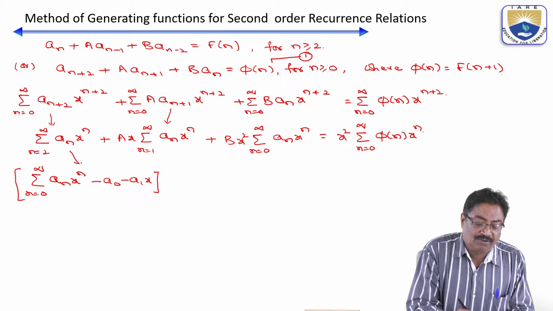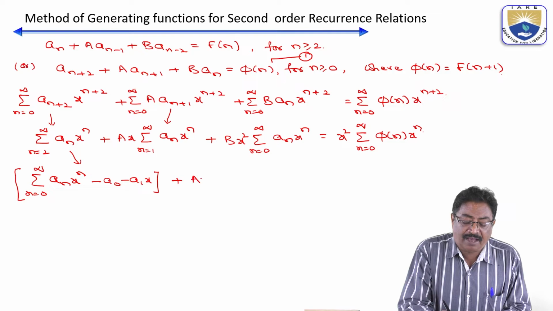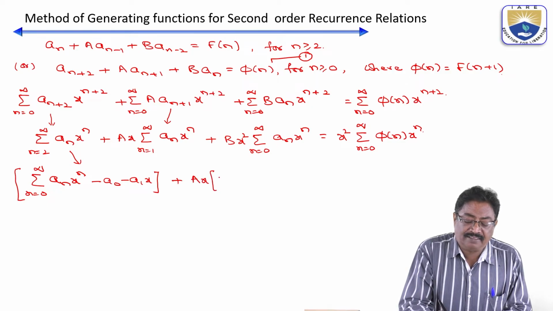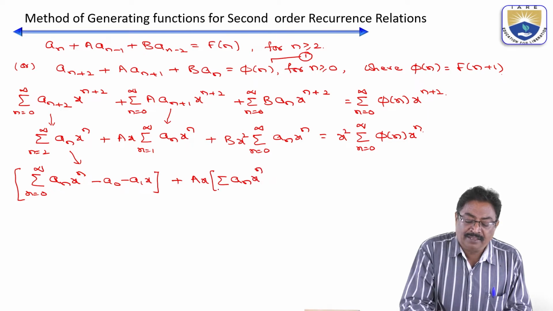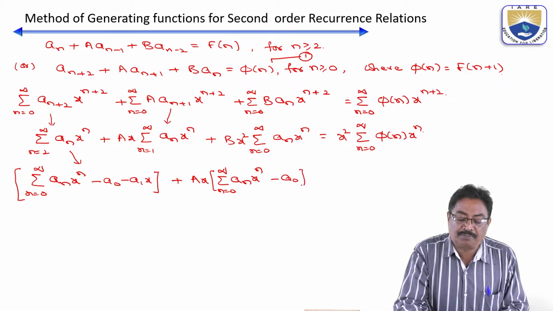So this is equivalent to this, then plus a of x times the summation of a n x power n, n equals 0 to infinity. Then for this, a naught I added, so a naught I subtracted.